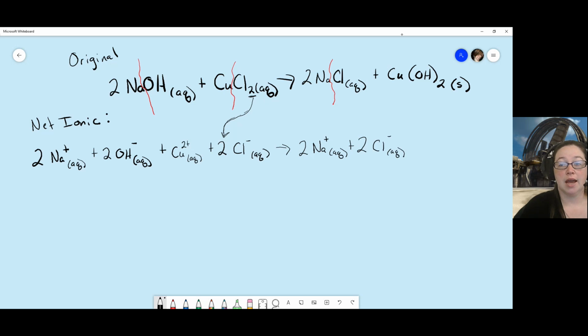Okay. And then you're going to leave the last thing alone because it's a solid and it's not dissolved. So it's going to just be Cu(OH)2 solid. Okay, so this is called the complete ionic equation.